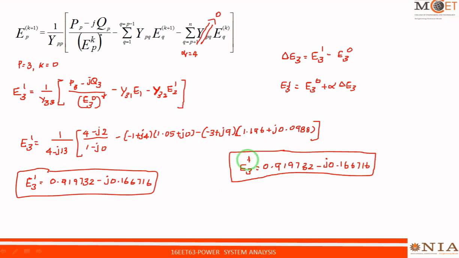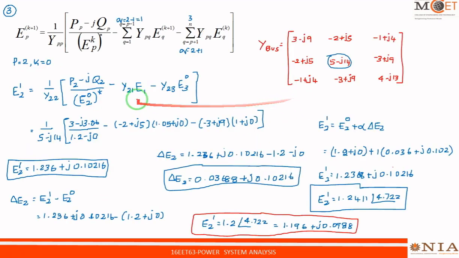Now in the next iteration, I want to calculate E2 by putting k equal to 2. Again, I calculate and compare my previous iteration value of E2 and the present iteration value of E2. If there is no difference, then I can stop my iteration.